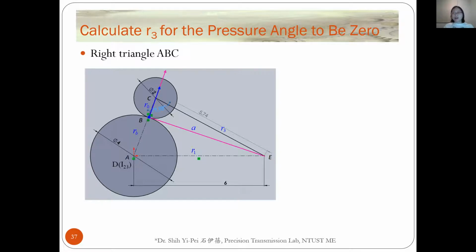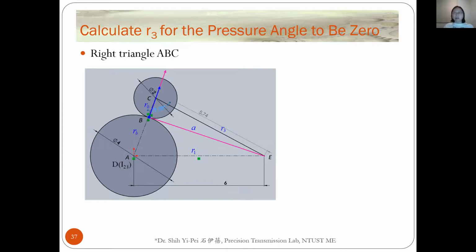The normal line to the surface at the contact point is line BD from the contact point B to the instant center I23. For the dwell position, point A and D coincide with each other. In this case, the follower gives zero pressure angle in the initial position.